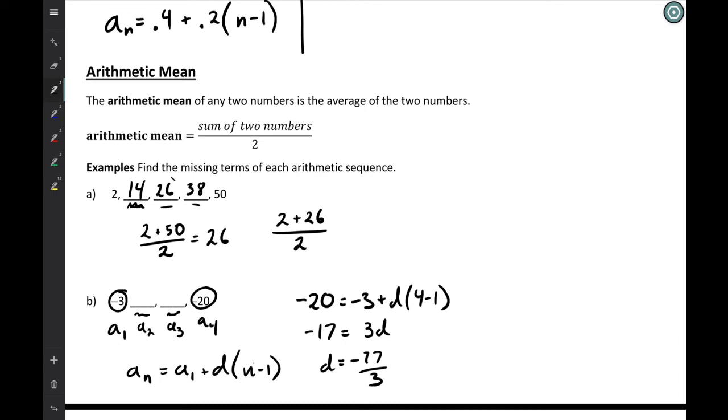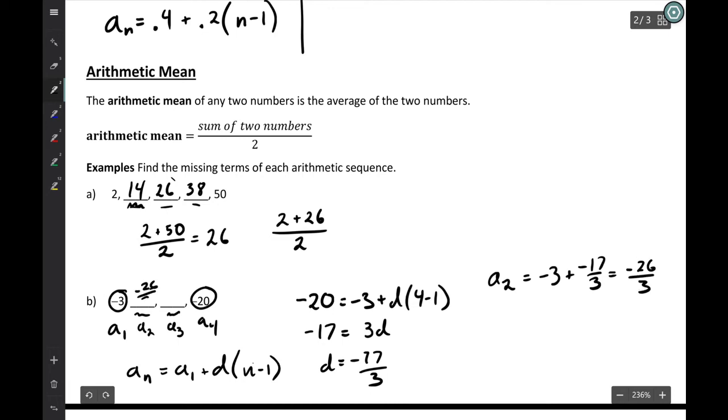And now I can find a sub 2 by adding negative 17 over 3 to a sub 1. So a sub 2 is going to be negative 3 plus negative 17 over 3, which is equal to negative 26 over 3. So this term is negative 26 over 3.